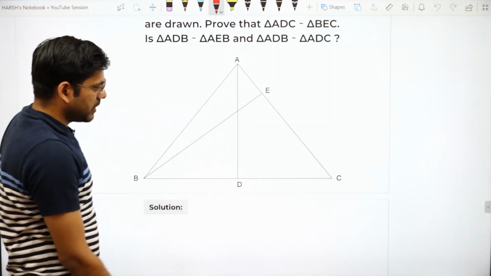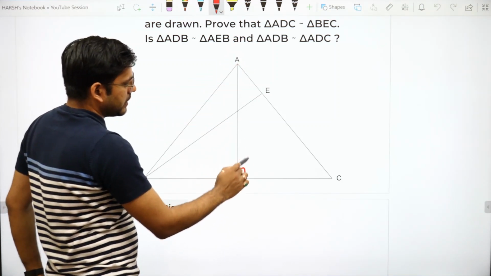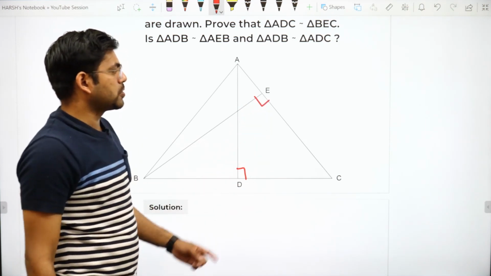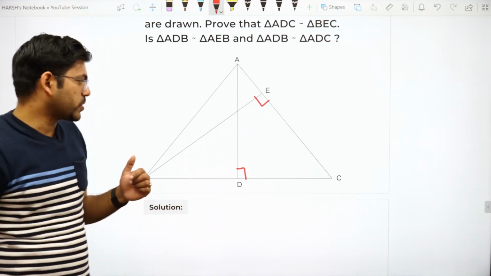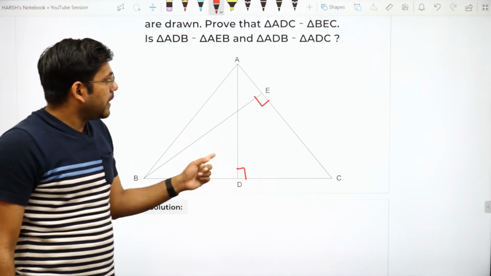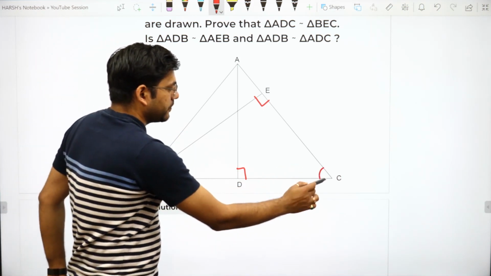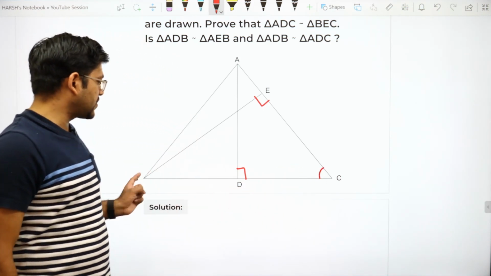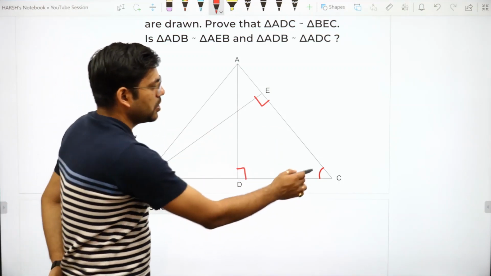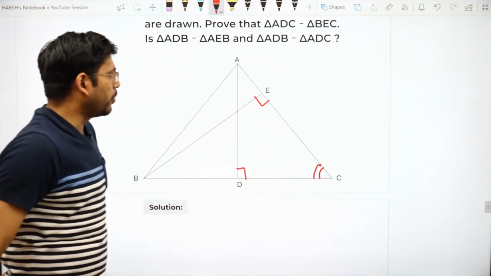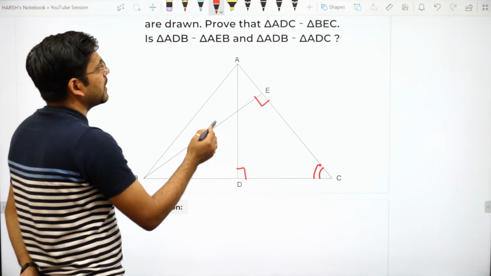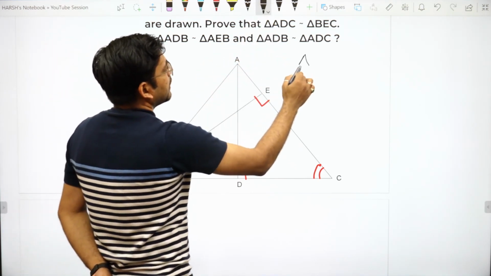So in ADC and BEC, angle D is 90 degrees and angle E is also 90 degrees, because both of them are perpendicular altitudes. Now in ADC, angle C is there, and in BEC also angle C is there. So angle C is common in both.